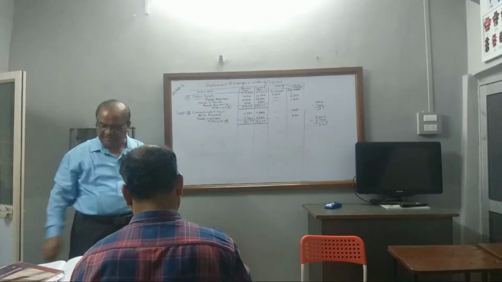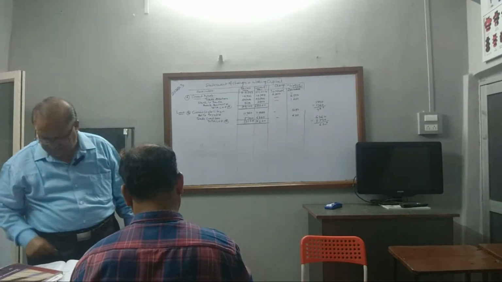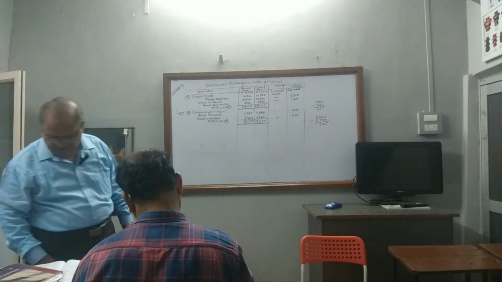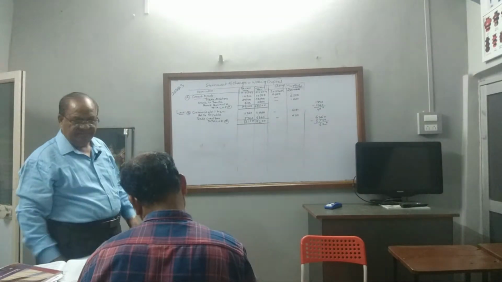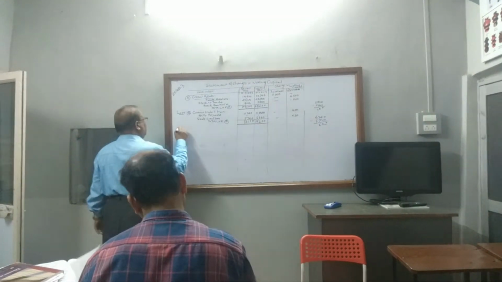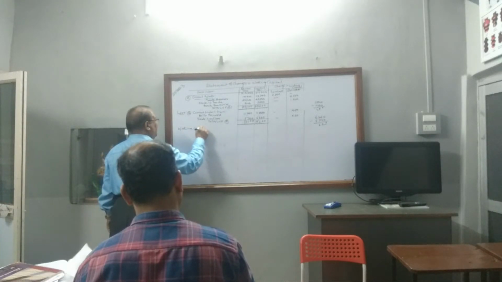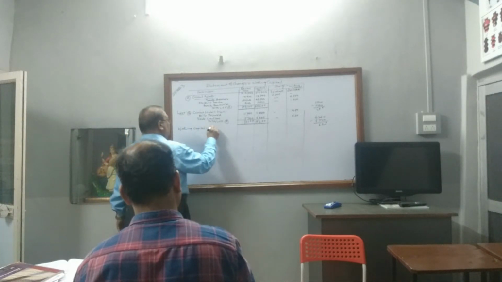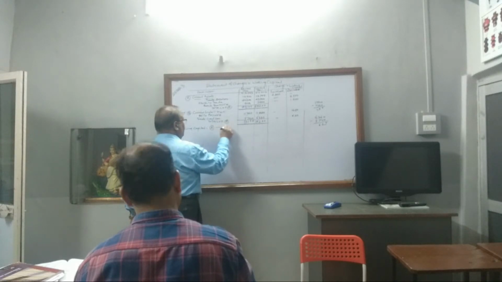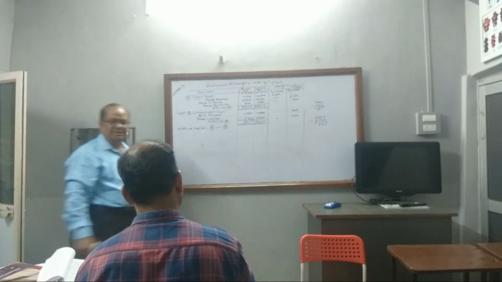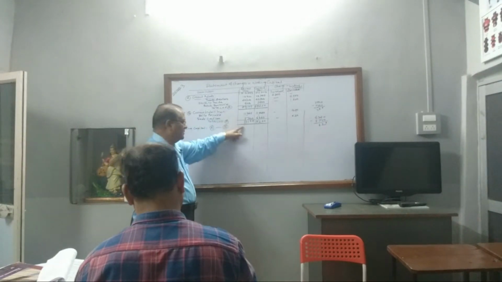Got it correctly? Then you take here working capital, A minus B. You deduct this from 73,000.